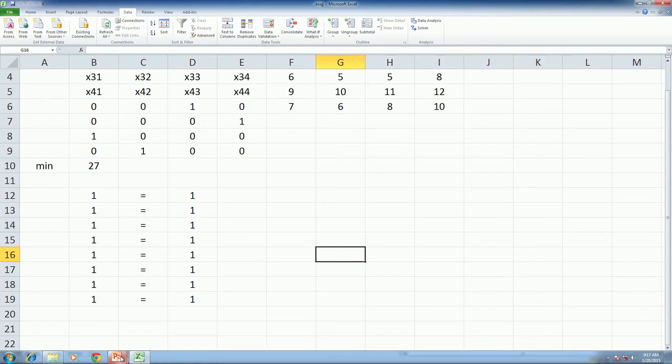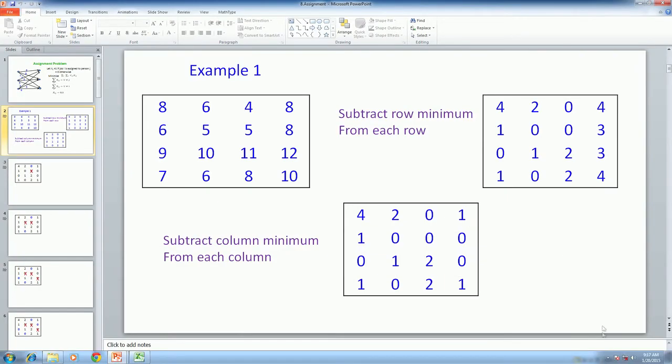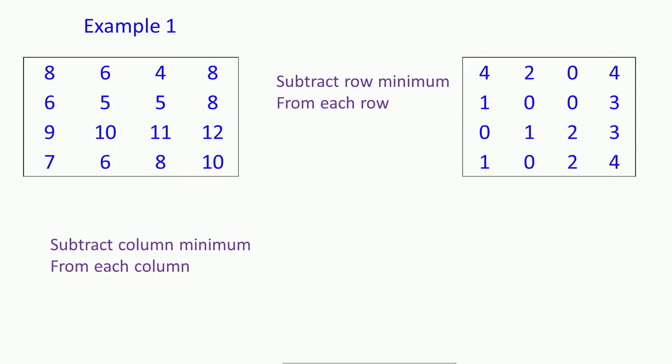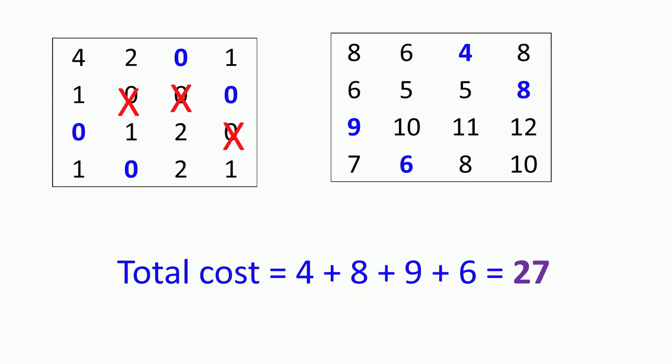So let us go back to the assignment and check what we did here. When we actually did all the row subtractions and column subtractions, and then we solved them, we got a solution with 27. So we are able to get the same solution by solving it as a linear programming problem.